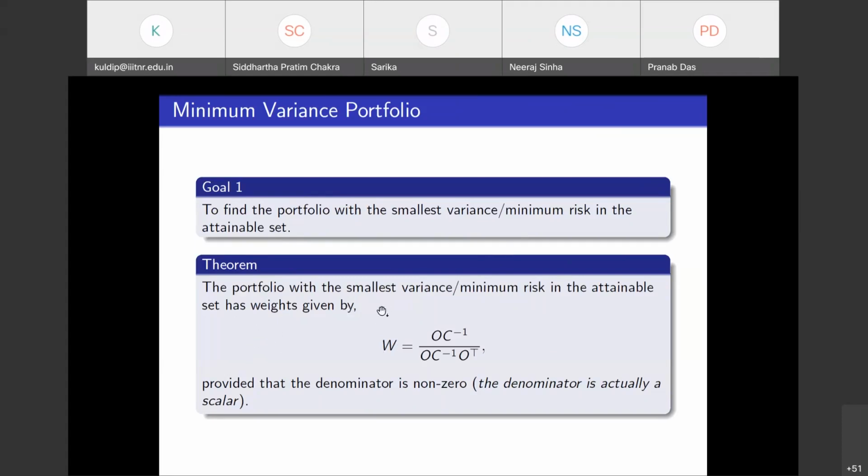The smallest variance is given by, and you can prove this, it is stated as a theorem, the weight W, which is W1 through Wn, will be given by OC inverse divided by OC inverse O transpose, where O, you remember, was a vector of length n of all ones, and C was the covariance matrix that I had defined. Now, how do you prove this?